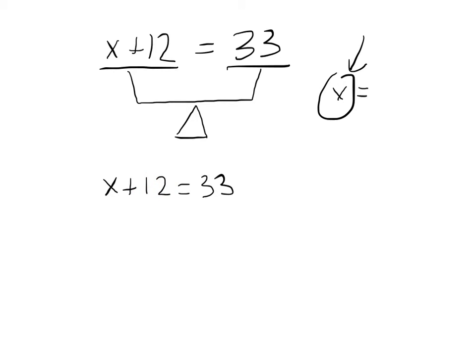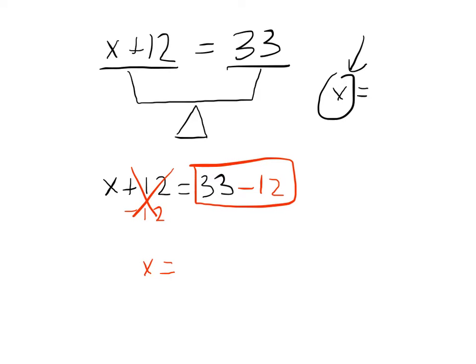Well, it's a positive 12, so if I subtract 12 from that side, positive 12 and a negative 12 equals 0. But there's a rule when we balance equations. Whatever we do to one side, we have to do to the other. So I've canceled this out now, and that's going to leave me with just x equals, and over here, now I have to do the math, 33 minus 12, and that's going to equal 21.